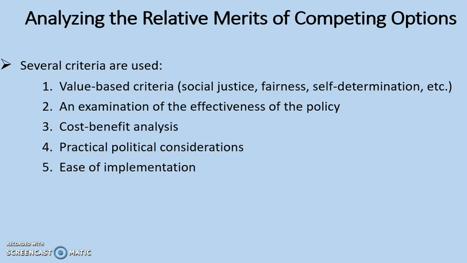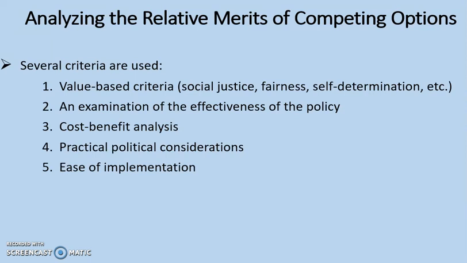The first one is value-based criteria, such as social justice, ethics, fairness, self-determination, the dignity and worth of a person, those kinds of values that are common to social work. You must weigh those values for all 3 of your options against the policy that's currently there.